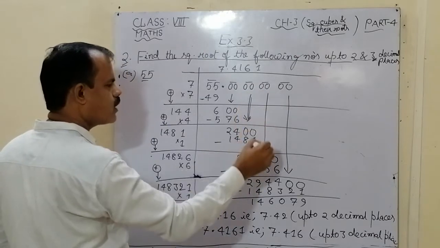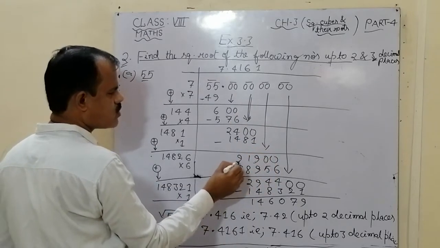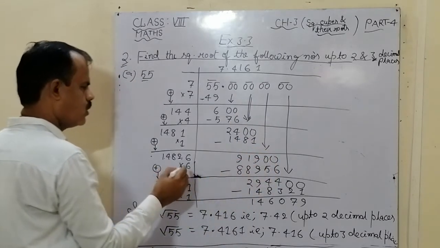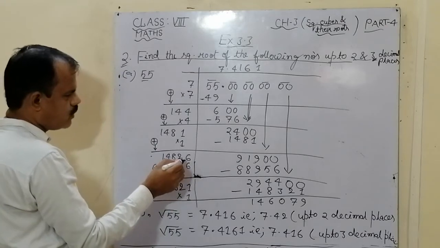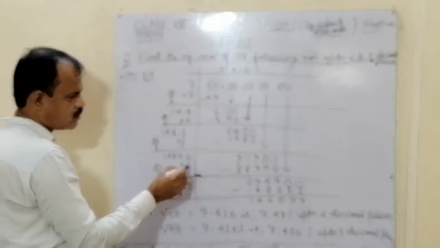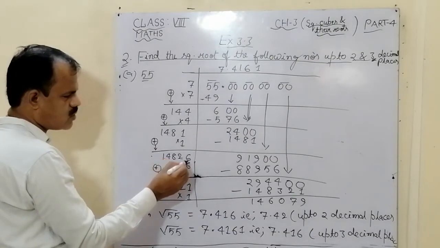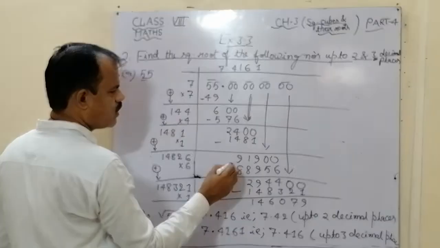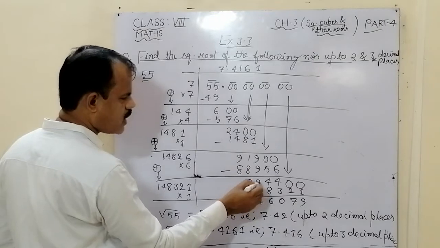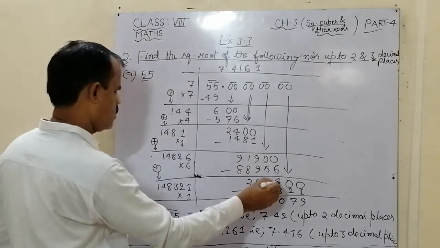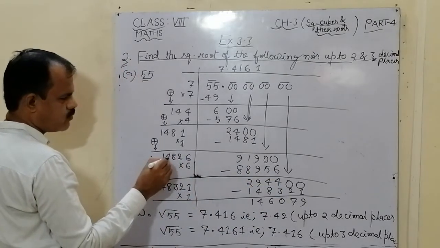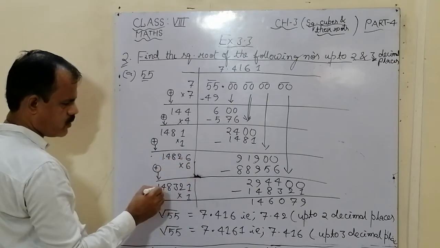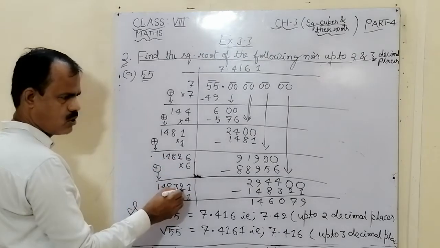Bring down the pair 0, 0. So it becomes 91900. So we put here 6, then multiply by 6. So 14826 multiplied by 6 becomes 88956. When we subtract this number, it becomes 2944. And when we add 14826 plus 6, it becomes 14832.